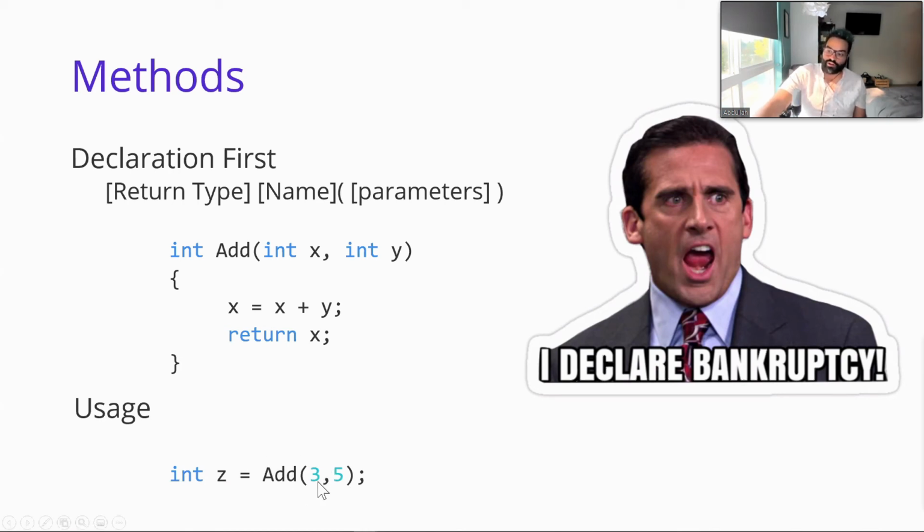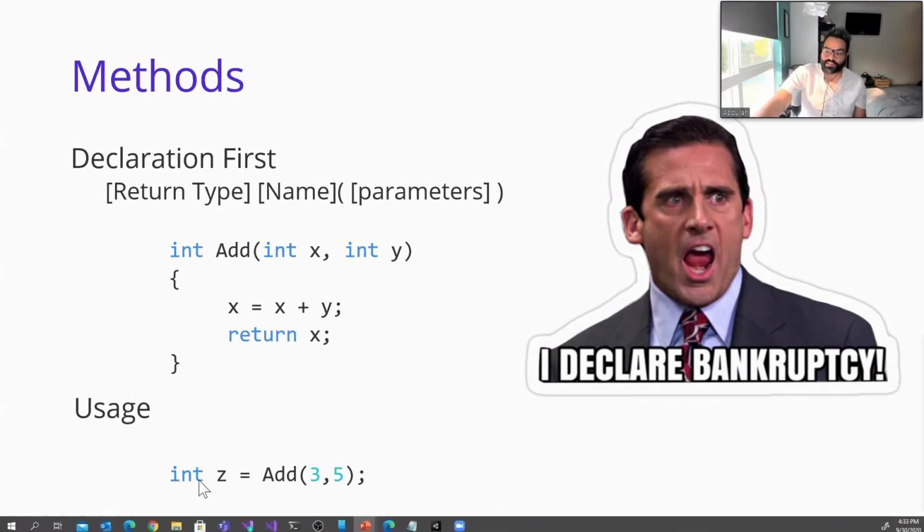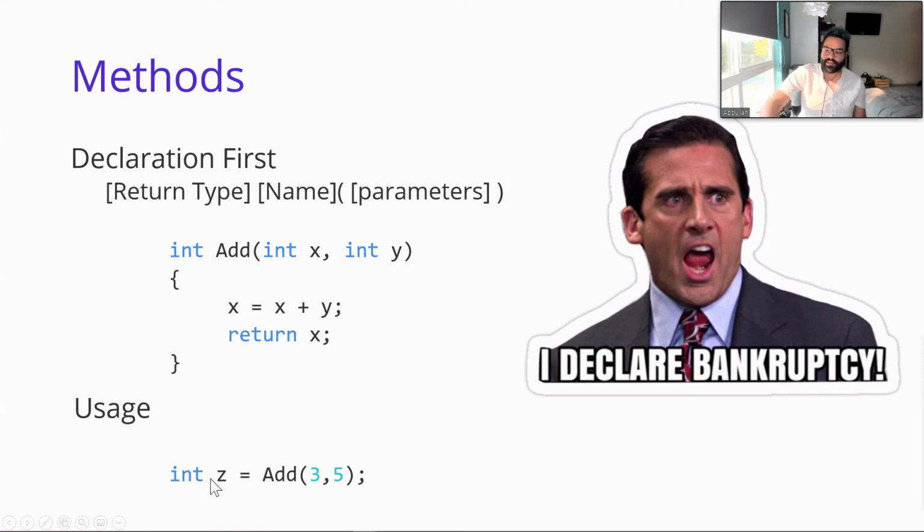So if you're adding 3 and 5 here, when executing the code inside the method, x will be equal to 3 and y will be equal to 5. And the result, z, will be equal to 8 after executing this method, or this whole line.